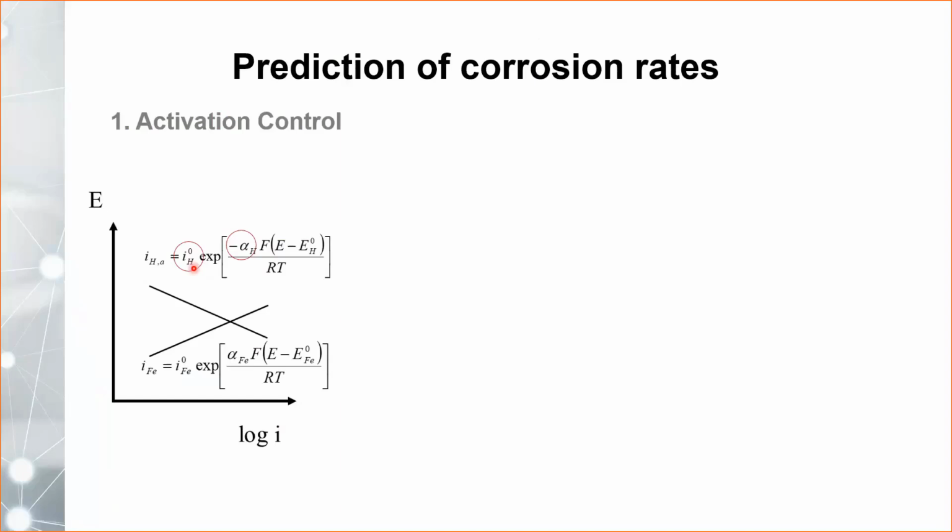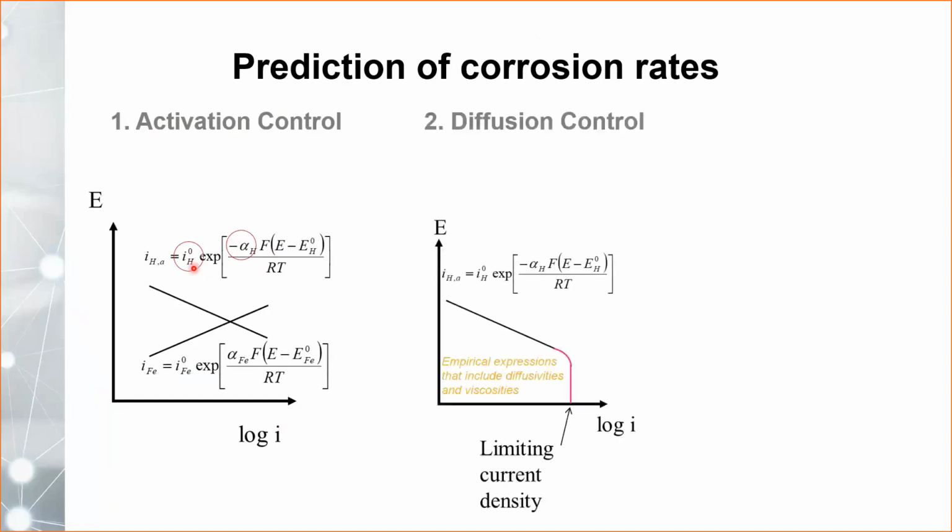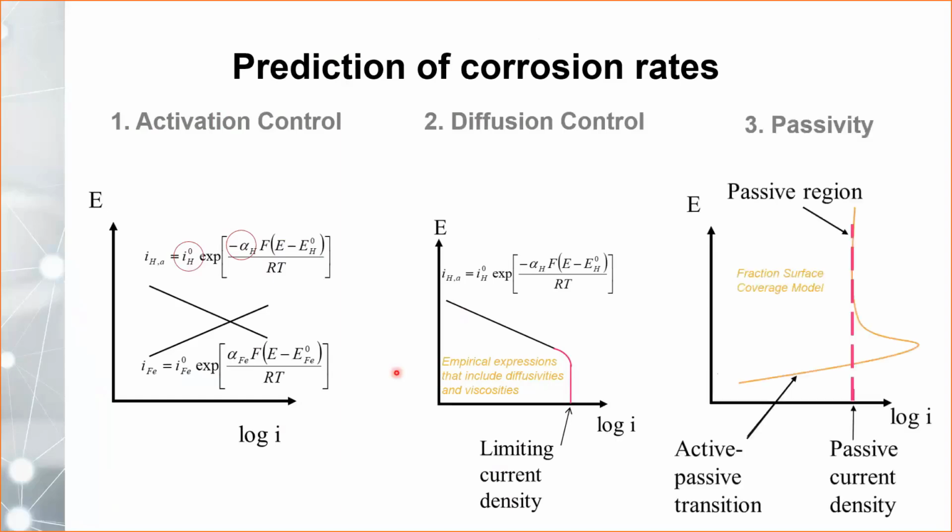Then we have the mass transfer or diffusion control, which is calculated based on common empirical expressions that include diffusivity and viscosity, which are also calculated by the OLI transport property model, and is also based on regressed experimental data.